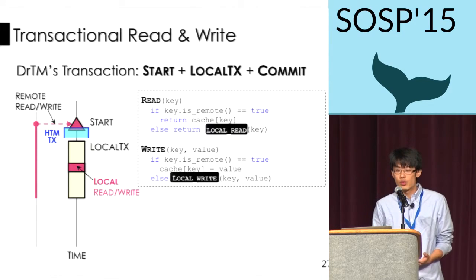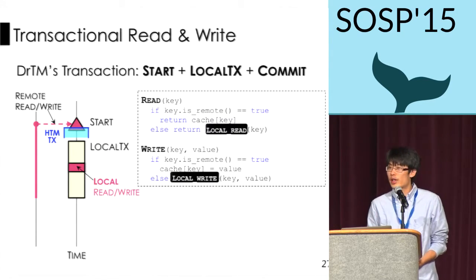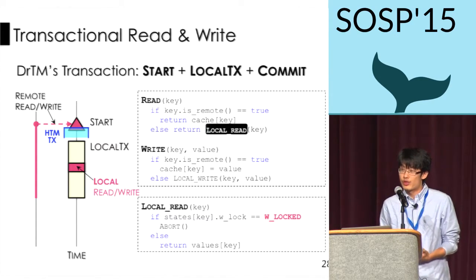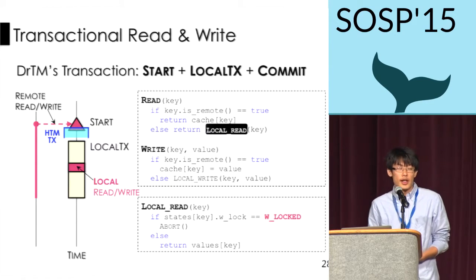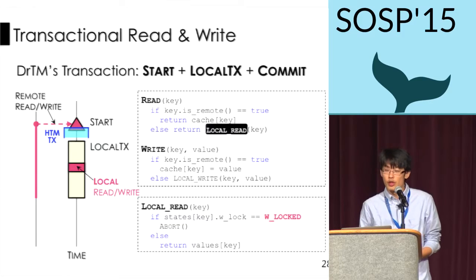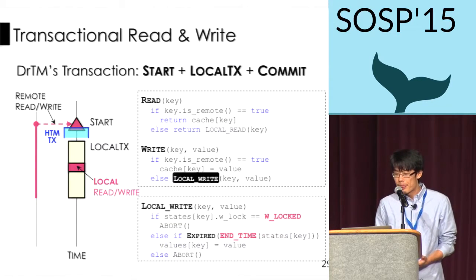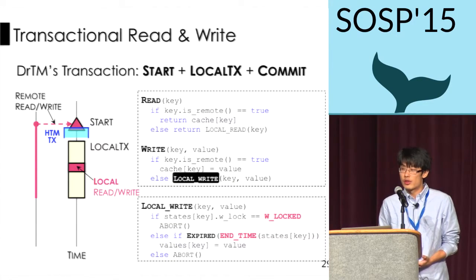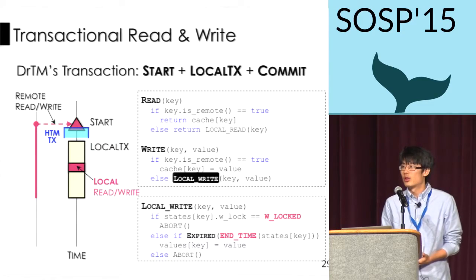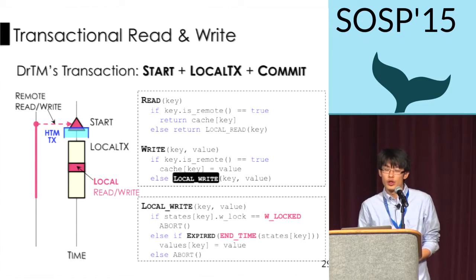So we will call the corresponding local read and local write operations. For local read operations, we need to check whether the data is in an exclusive mode or not, since we need to avoid a dirty read. And for local write operations, we will further check whether the data has been set with a valid lease or not, since we cannot directly modify a read-locked object.